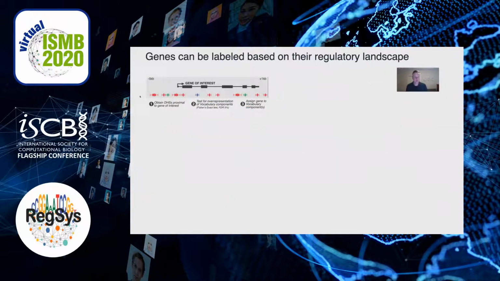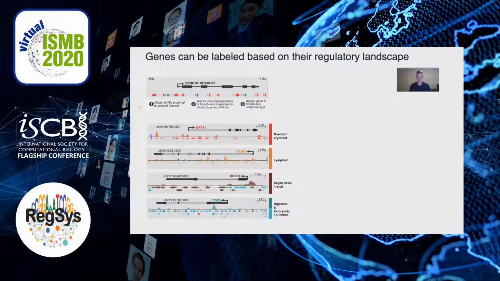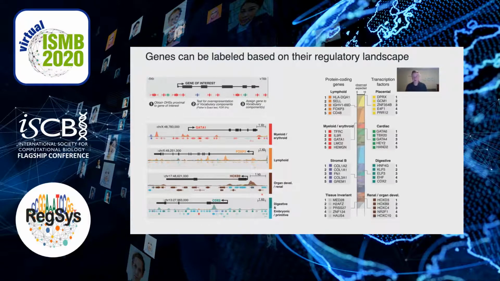So we systematically tested all of GENCODE annotated genes for association with these DHS components, and we find that this very often works quite well, for instance, FOXP3, an immune-related gene, being annotated in the lymphoid component, and so on and so forth. And so this works well across the board.